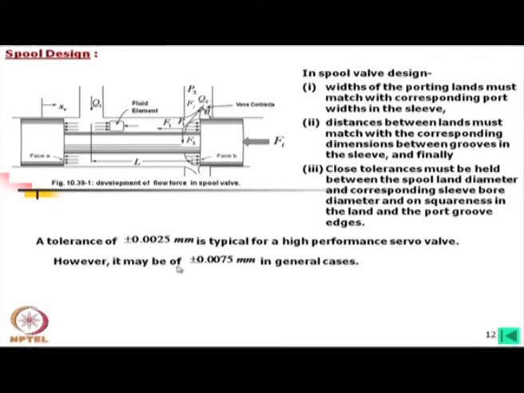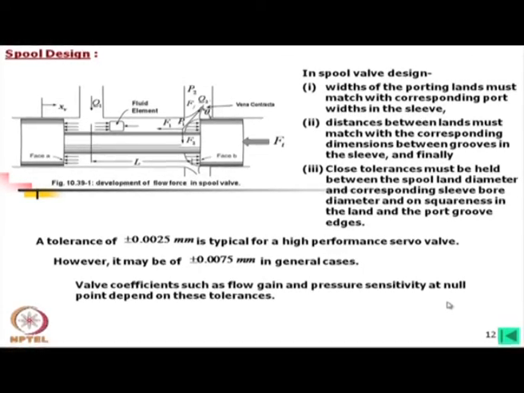However, it may be plus minus 0.075 millimeter in general cases, say a little lower performance, low performance valve or maybe general purpose valve, but these are for very accurate position control or velocity control. Valve coefficients such as flow gain and pressure sensitivity at null point depend on these tolerances.